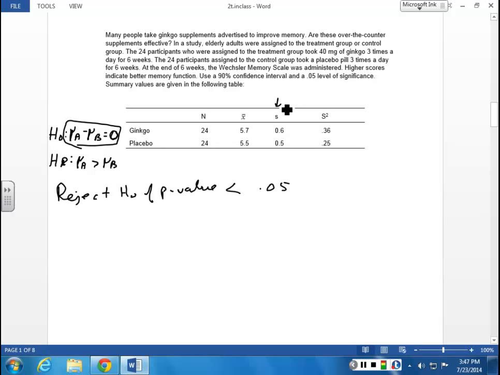And when you do that, you should arrive at a p-value of 0.108, which is not less than 0.05. So now the same thing as before. Fail to reject H0. Mu A might not equal mu B. The ginkgo might not be effective in improving memory.